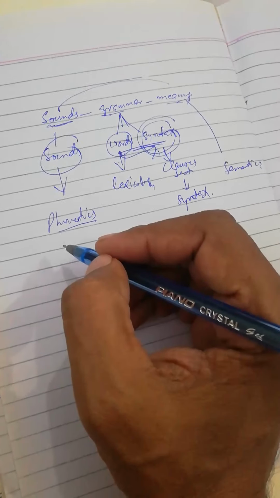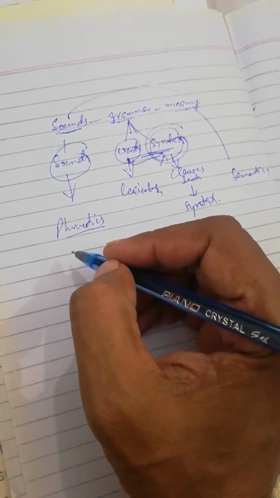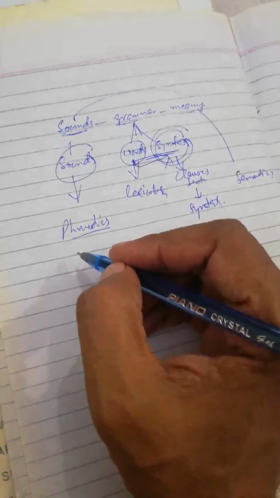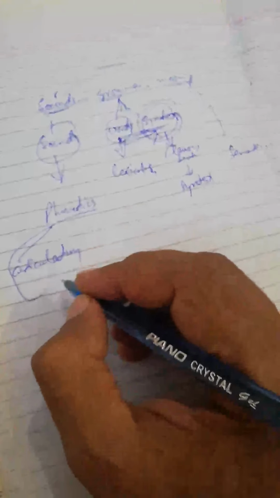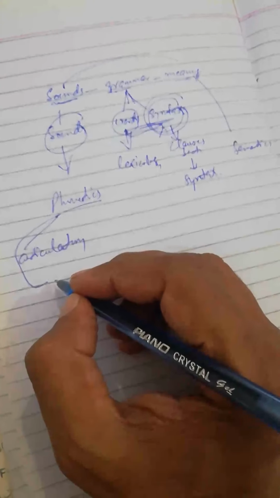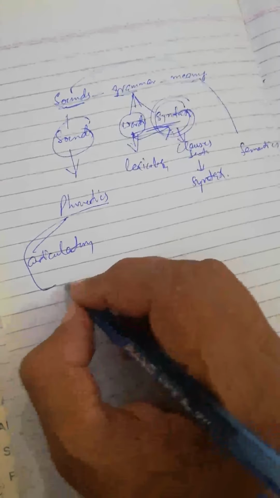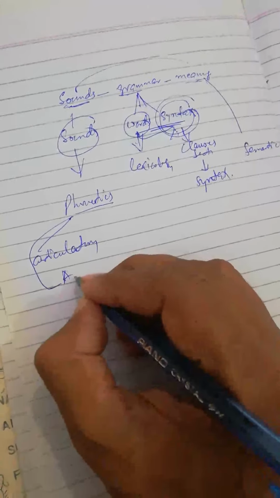The first part of phonetics is the production of speech sounds. This is known as articulatory phonetics. Second, when sound is produced from human lips, it is transferred to the listener. This is known as acoustic phonetics.